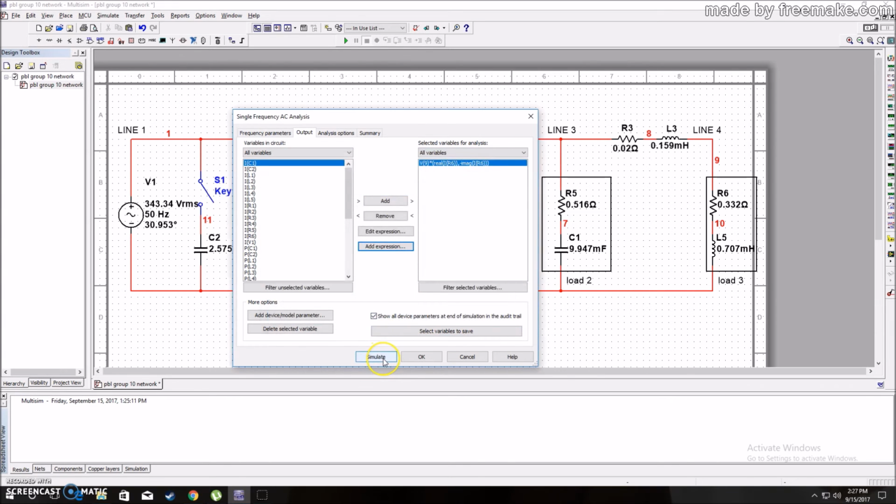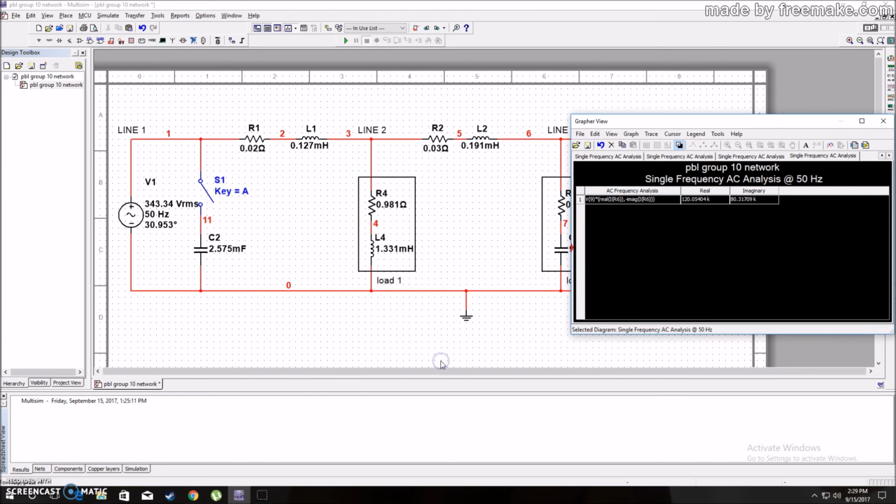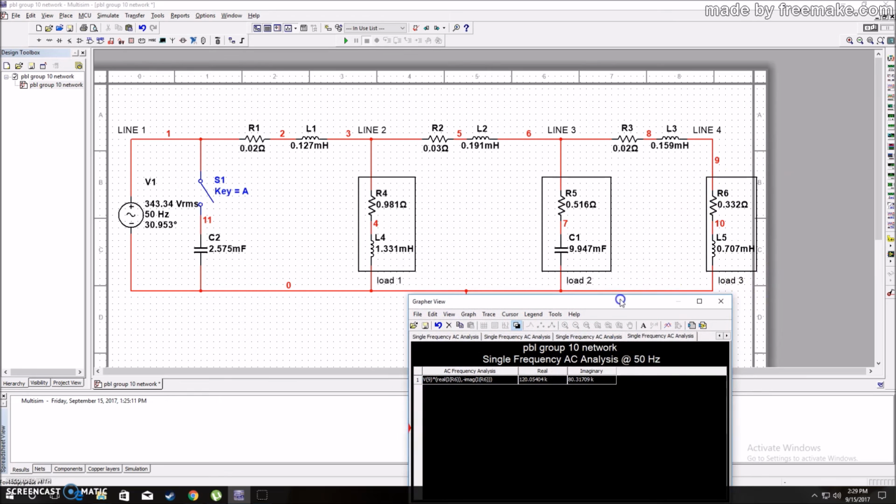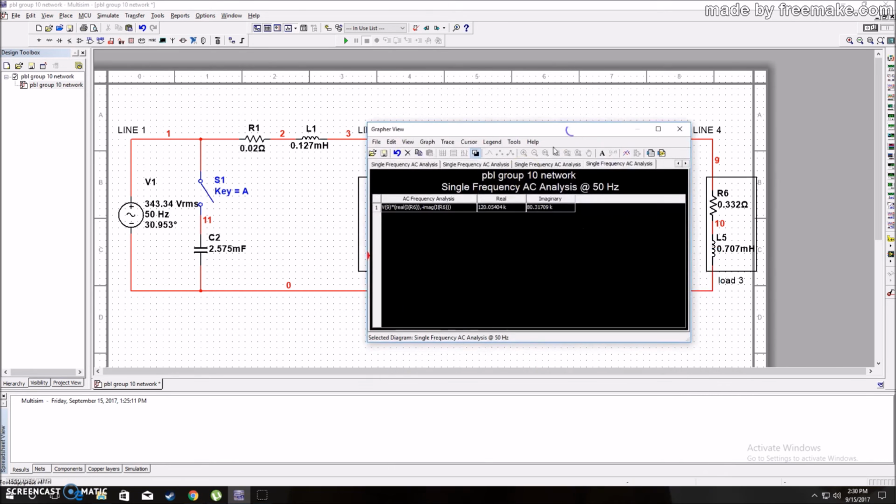So simulate. Okay, simulate. So this is the apparent power that is dissipated at load 3. So the real value of the apparent power is the true power of load 3, while the imaginary value is representing the reactive power at load 3.